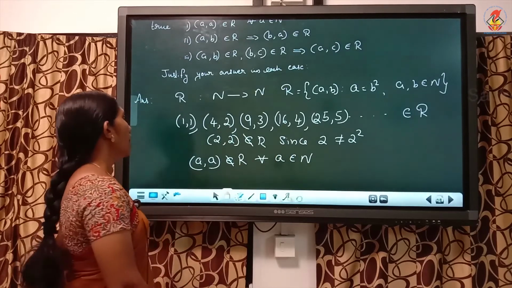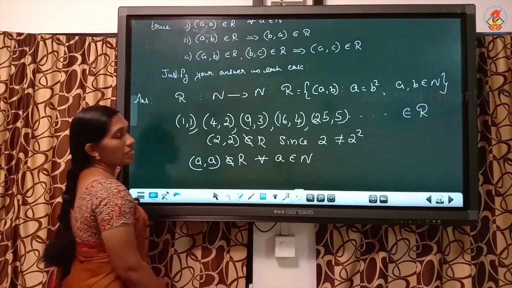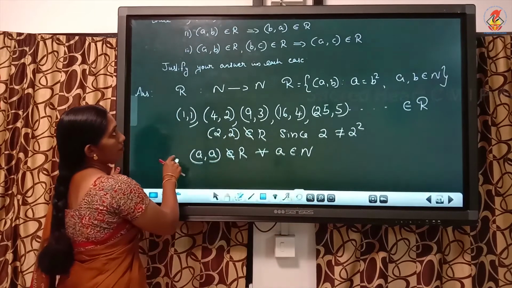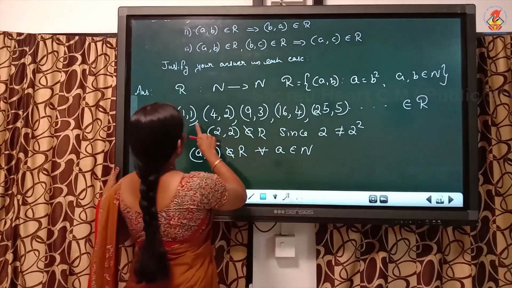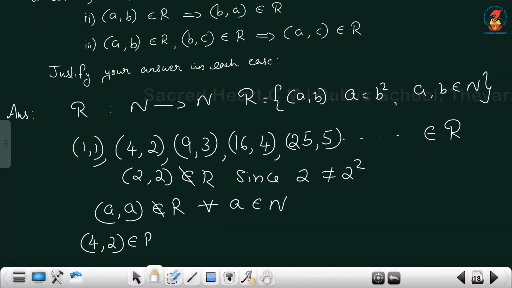Now, the second case: (a, b) belongs to R implies (b, a) belongs to R. So, look here, (4, 2) is an element of R since 4 is equal to 2 square. Does (2, 4) belong to R? (2, 4) belongs to R means the first element is equal to the second element square. Is it true?